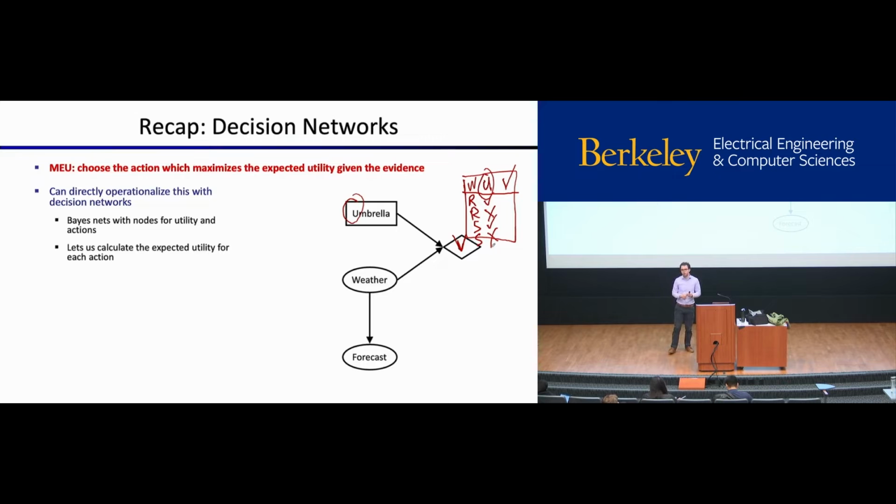When we're designing this model, we're saying I'm gonna design a model that has umbrella in this action node, and the user can choose their actions independently of all these other variables if they so choose. So in that sense, it doesn't need to have parents because their actions can be made independently of the rest of the nodes in the Bayes net. And if they can make their actions independently, then we want to model it this way.